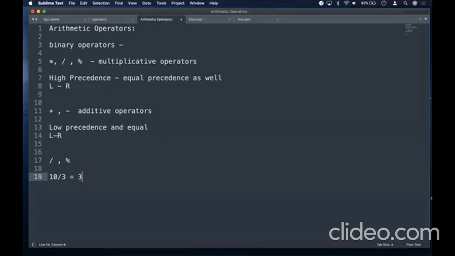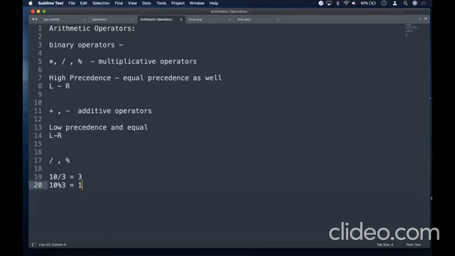Integer division is going to happen, so you get the outcome as 3. If you say 10 modulus of 3, what actually happens? First division will happen and then there will be a remainder. What is the remainder? 3 times is 9 and you are left with 1. So this is how the division and modulus operators work.